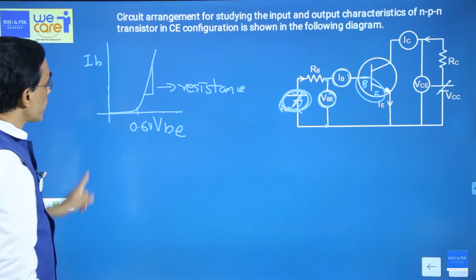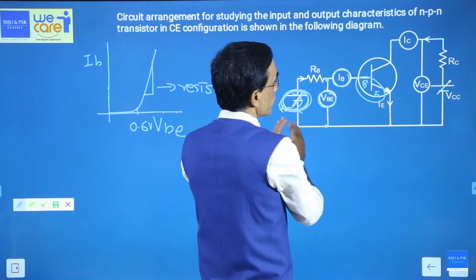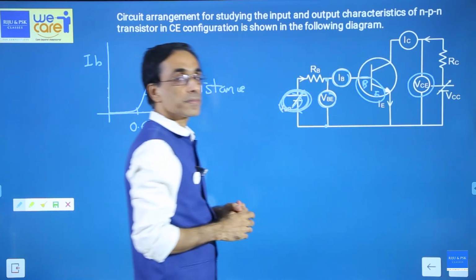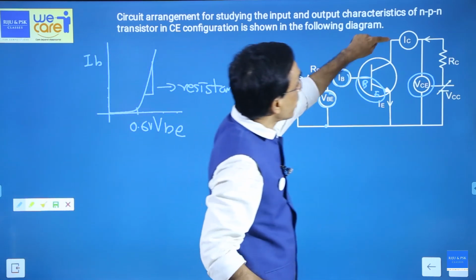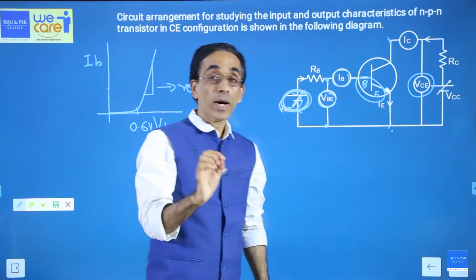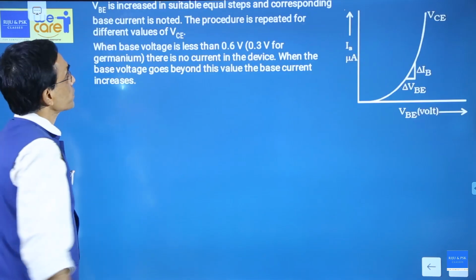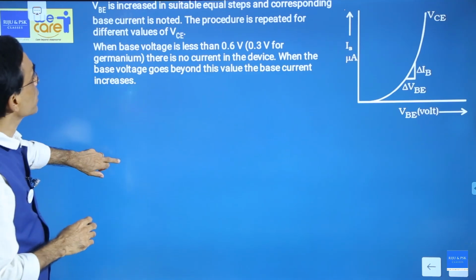But one condition is this. Whenever you do this experiment, this voltage should remain constant. Which voltage? The voltage between collector and emitter should remain constant. So define input characteristics.